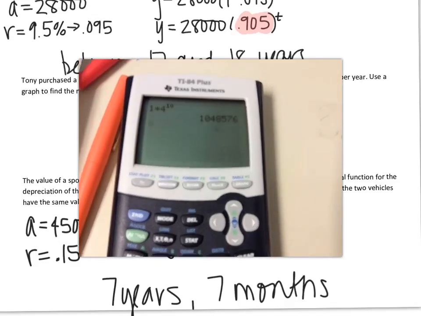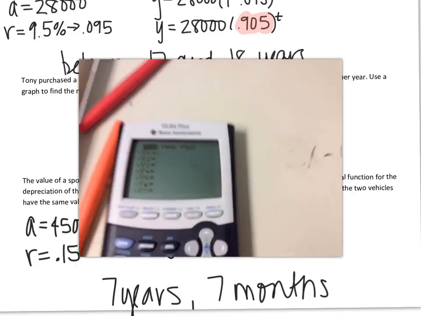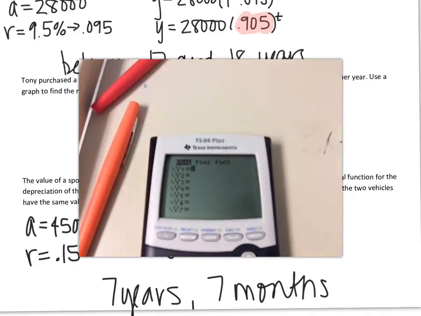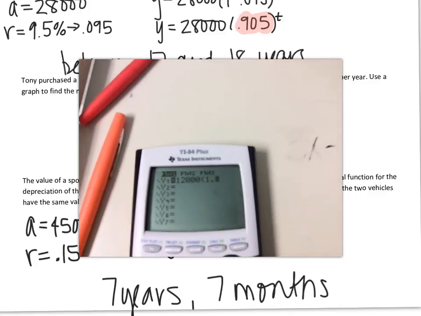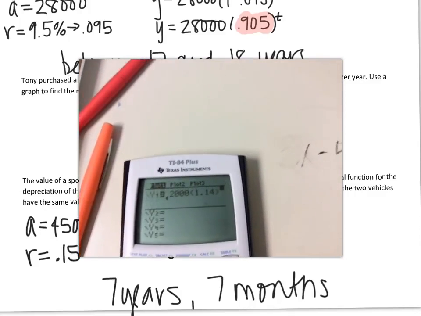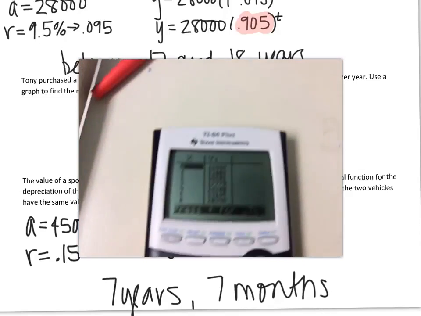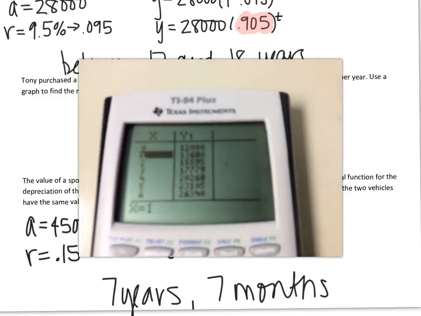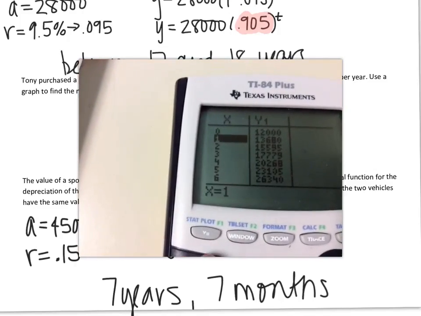So if you need your table to give you something different, like in this case, so we had, what was our problem? I can't see. 12,000 times. Okay. So when you go to your table, the way it's set up is it automatically produces whole numbers. So if you go to your table settings, are right here above window and they're blue.